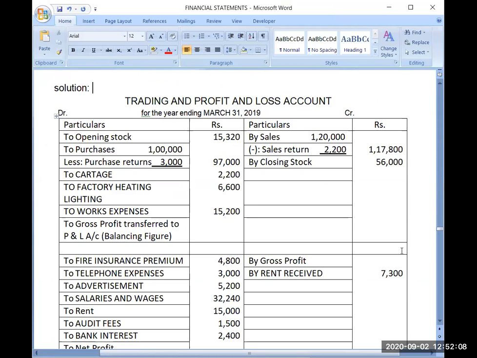So it will be credit side is greater. So total will be 1,73,800, and that total has to be underlined.